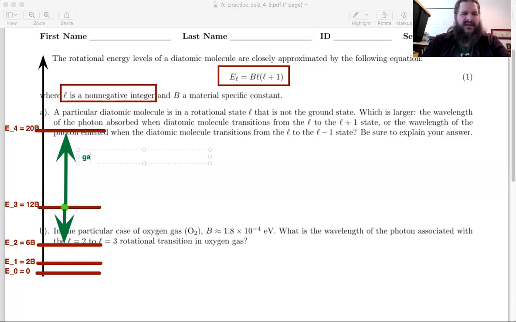So it looks like we can gain lots of energy, or we can lose a little bit of energy. And how does an atom gain energy or lose energy? Or a molecule, I should say. Yeah, photons. You can gain energy by absorbing a photon. Or you can lose energy by emitting a photon.